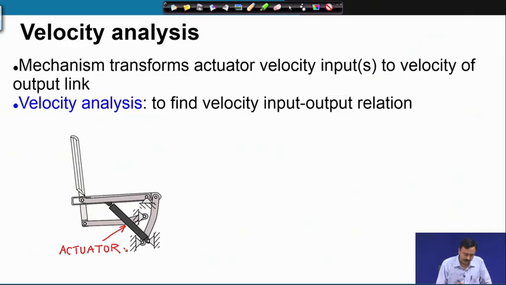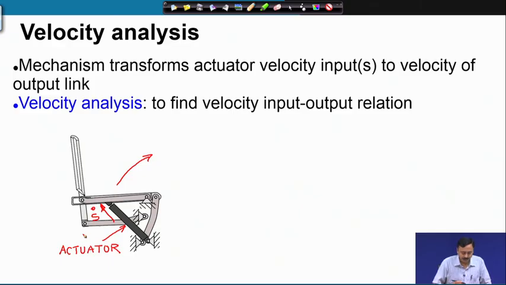Now, the problem is, if I want to have a certain velocity of transfer, then what should be the expansion rate of this actuator? So, how does the rate of change of length of this actuator relate to the rate of movement of the chair from the sitting to the standing position?